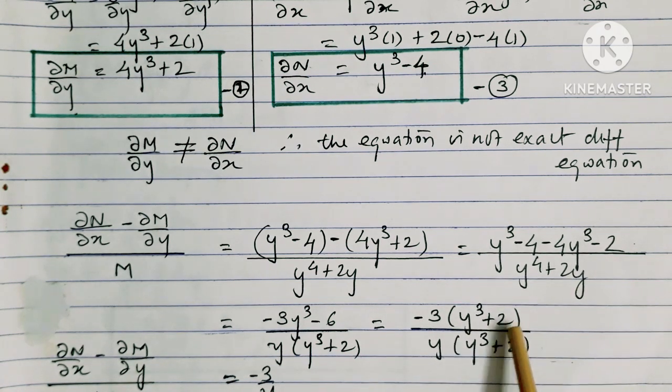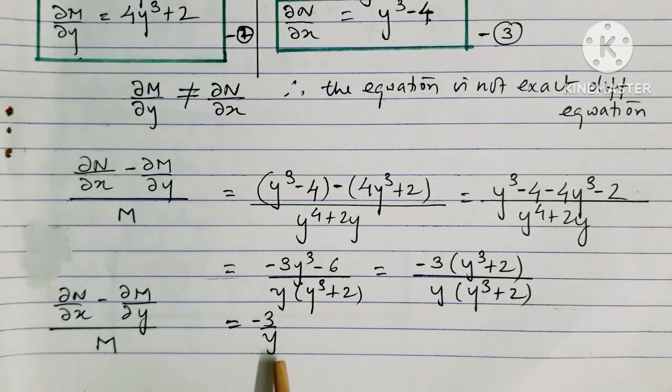Now the term y^3 + 2 will cancel out in the numerator and the denominator, and we will be left with -3 by y. Therefore, (del N by del x - del M by del y) upon M is equal to -3 by y.